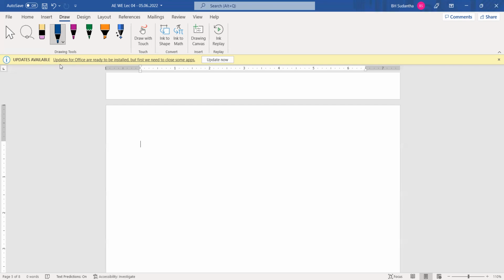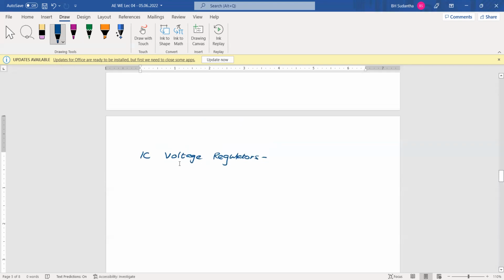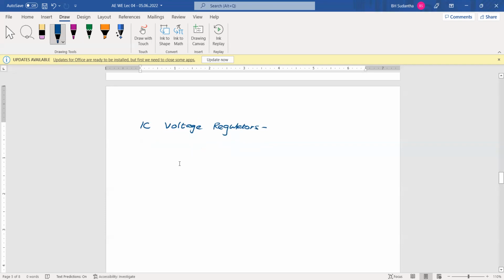This is IC voltage regulators. When it comes to IC voltage regulators, it's not like the previous Zener diode voltage regulator. It's a kind of specially developed IC, meaning integrated circuit.